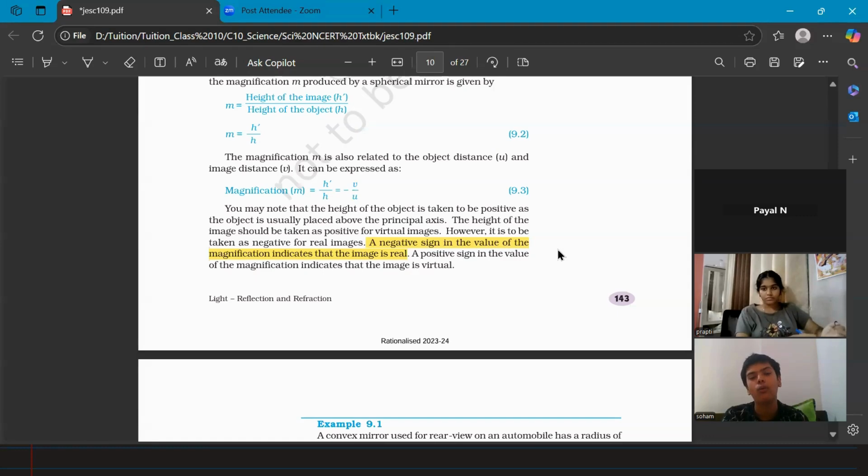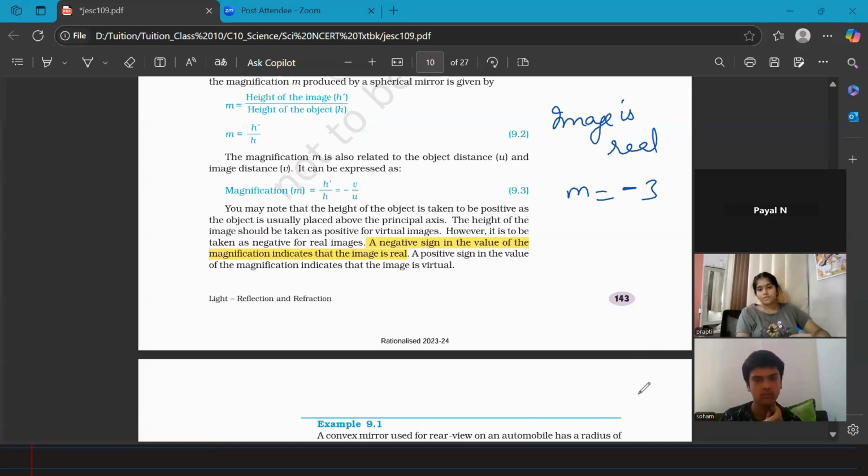A negative sign in the value of M indicates that the image is real. That means whenever your image is real, your M will be minus. In our question, it is 3, right? So it has to be minus 3. Did you understand that?